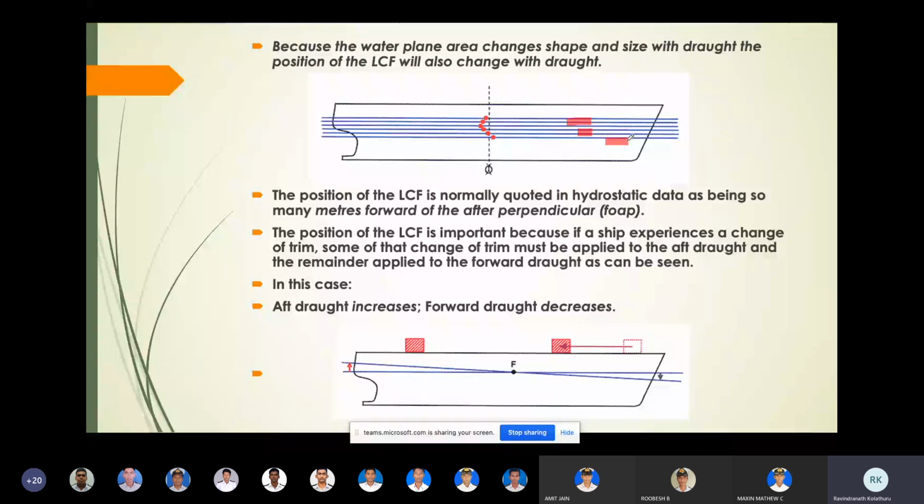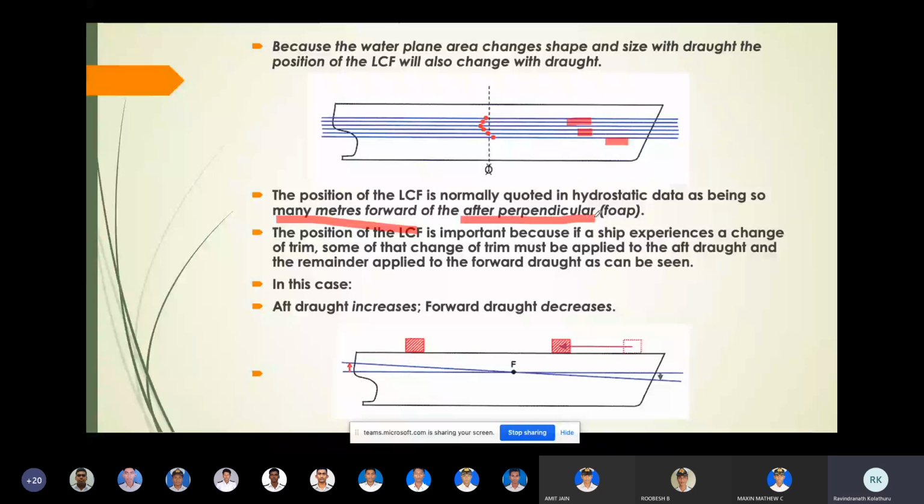Now the position of the LCF is always quoted whenever you have a problem. LCF is always quoted as so many meters forward of aft perpendicular. I say it as FOAP, forward of aft perpendicular.